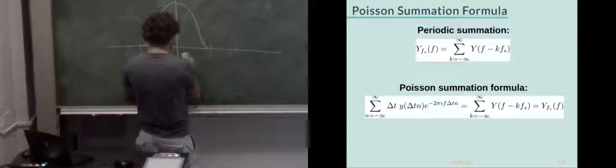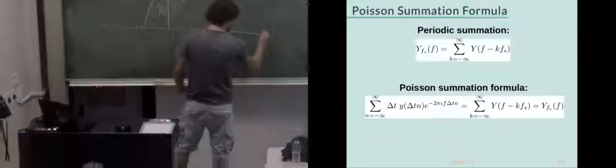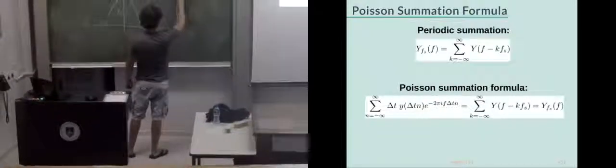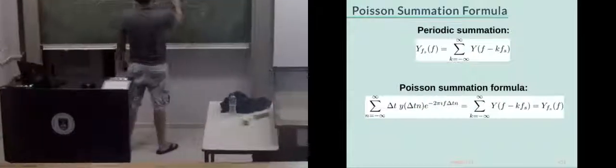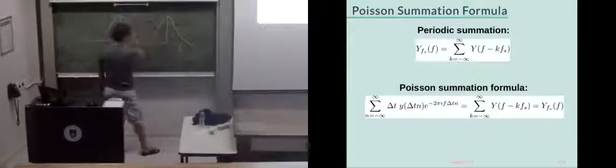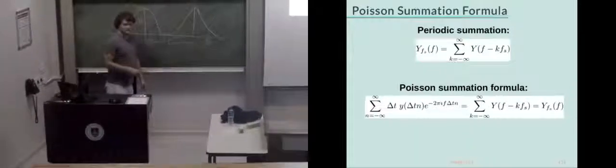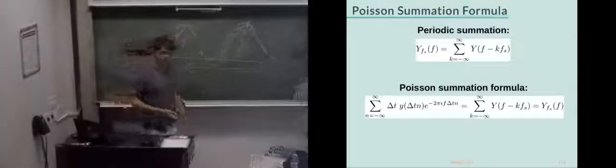So let's say this is f, and if I want to shift this by fs, then I can just draw another peak here. They're supposed to look the same, and then I know that this is fs. So that's the period of the periodic summation.